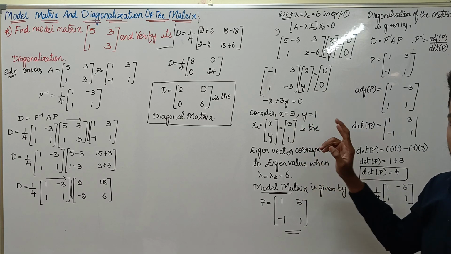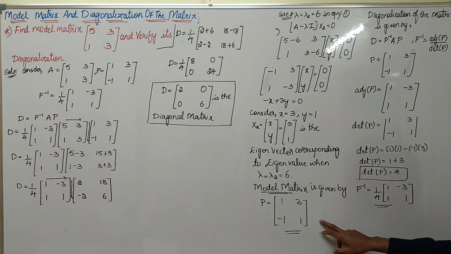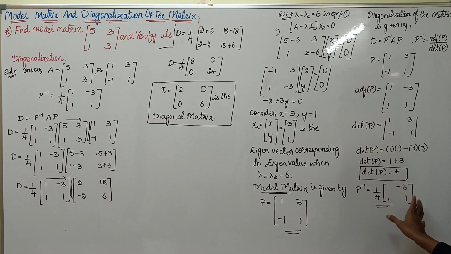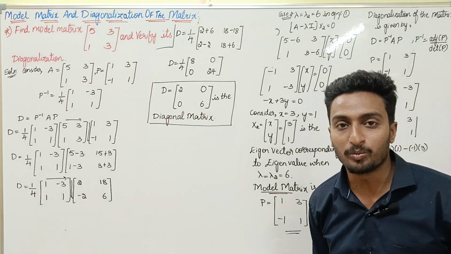Combining these eigenvectors, you have got the model matrix. Represent this model matrix in the diagonalization form, that is P inverse AP. If you simplify step by step, you will get the diagonal matrix.